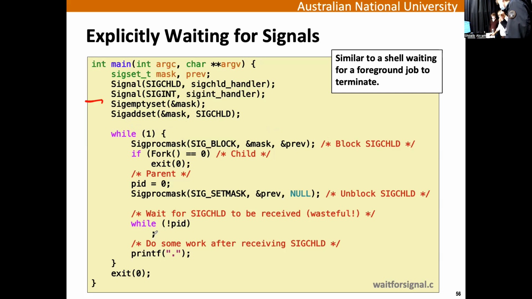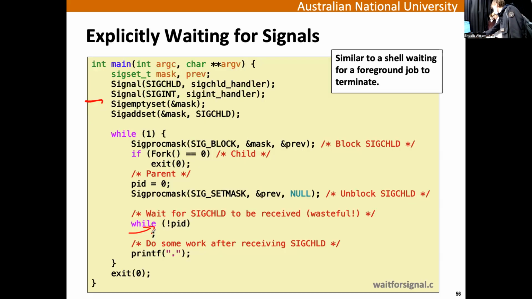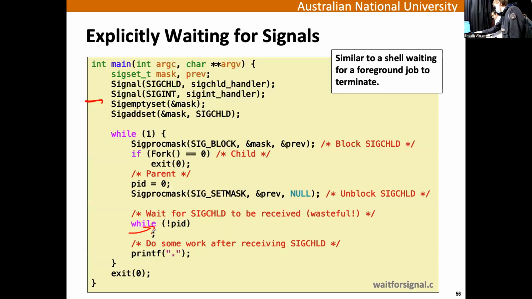Because of that issue you talked about before, where you could have a signal that happens after the while and before the pause. So why does the race issue associate with this pause?